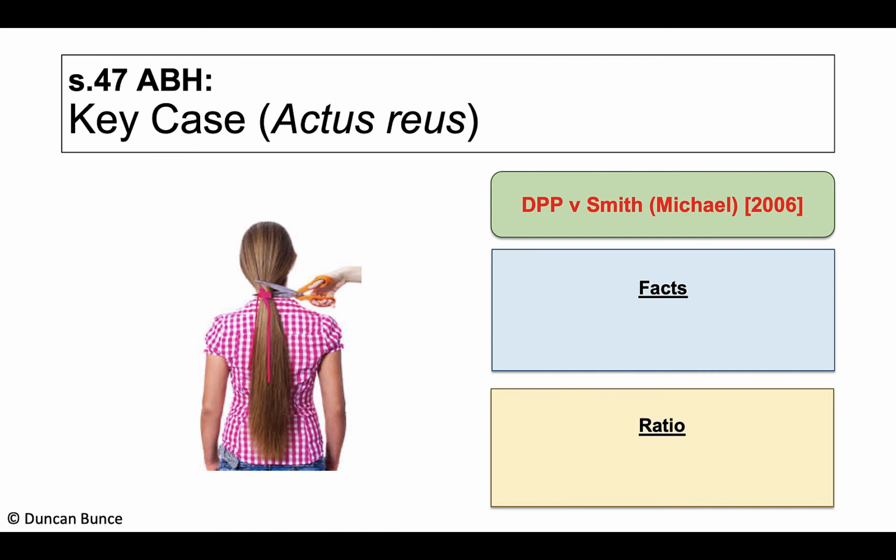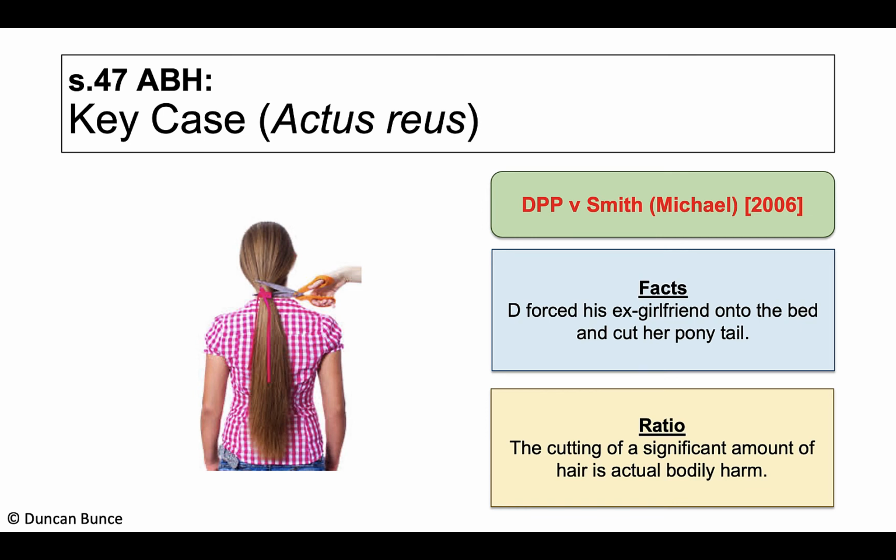If there were a scenario where somebody's hair is cut, then this is the case to go to. DPP v Smith, Michael: the facts are the defendant forced his ex-girlfriend onto the bed and cut her ponytail with a pair of scissors. The ratio, therefore, is, interestingly, the cutting of, and this is the key bit, a significant amount of hair is actual bodily harm.